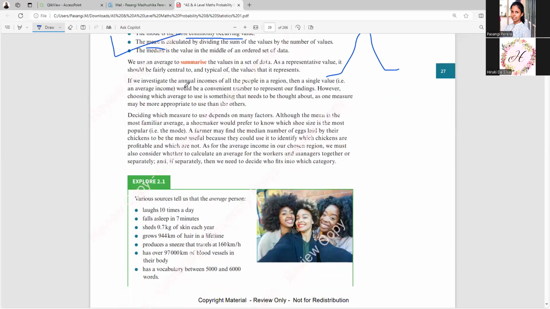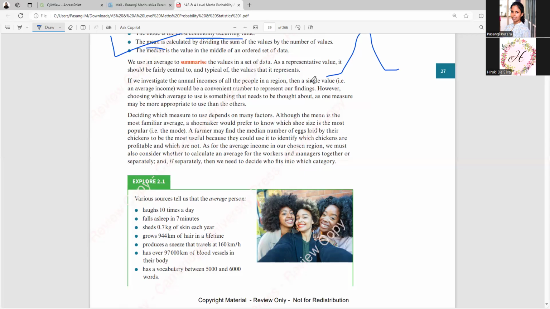If we investigate, for example, the annual incomes of all people in a region, then a single value, the average income, would be a convenient number to represent our findings.